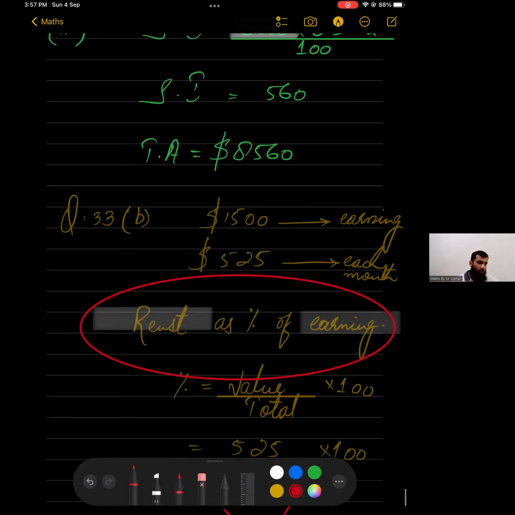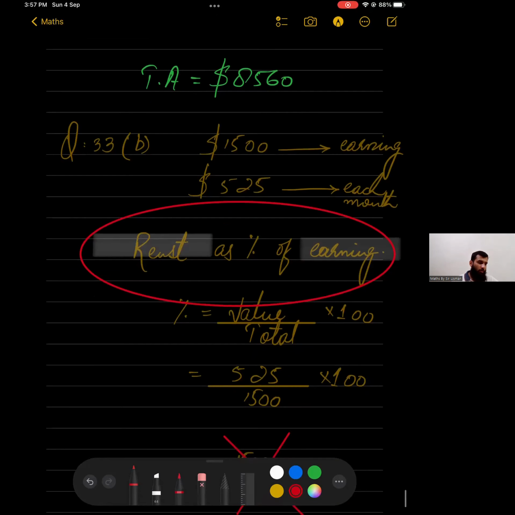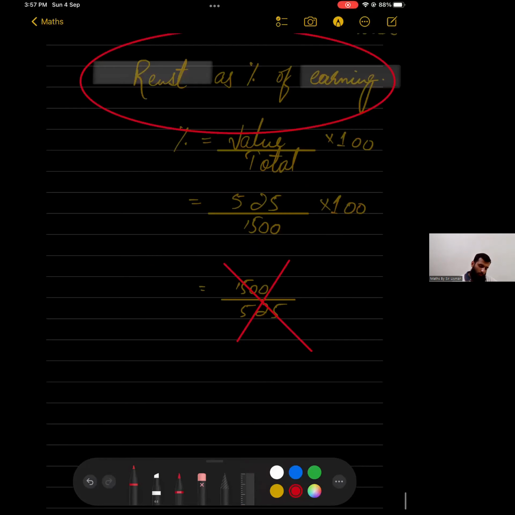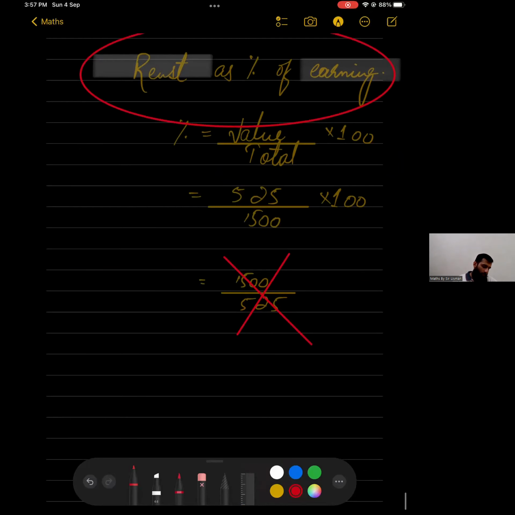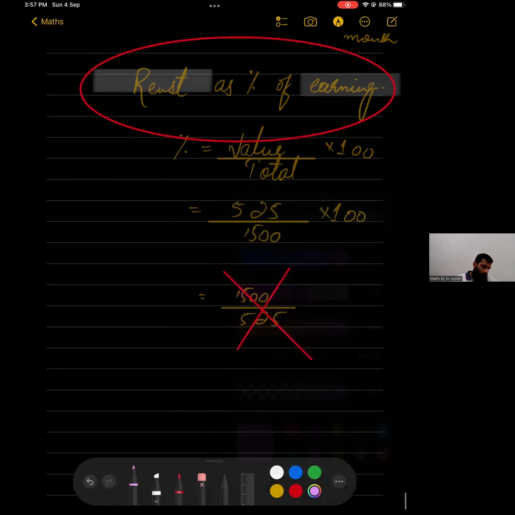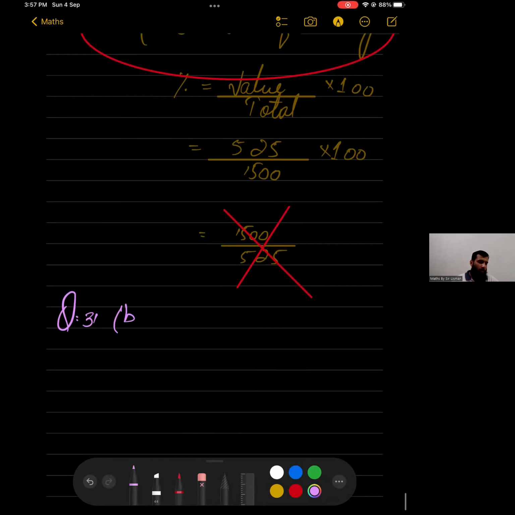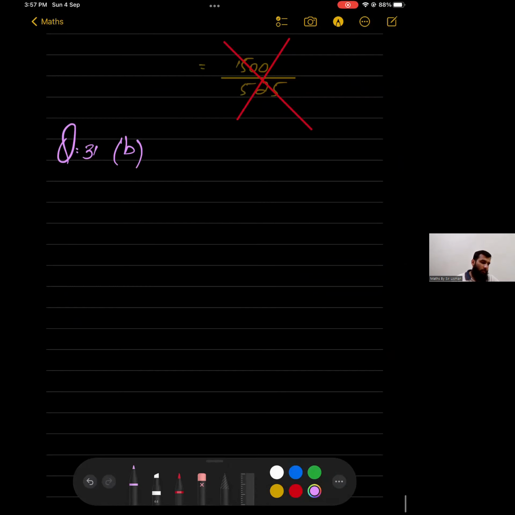क्वेश्चन नंबर 31 पार्ट बी had issues for a few of you. तो जरा क्वेश्चन नंबर 31 पार्ट बी पढ़ लें एक बार. So in question number 31 part B they are saying that Greg buys 60 garden plants. Greg has bought 60 garden plants at $2 each.